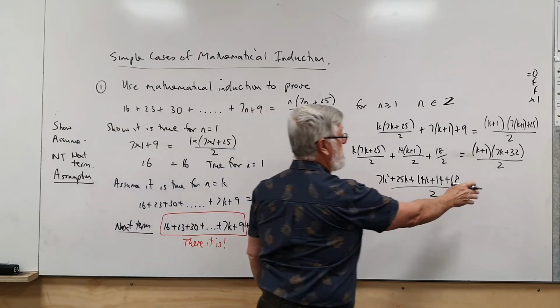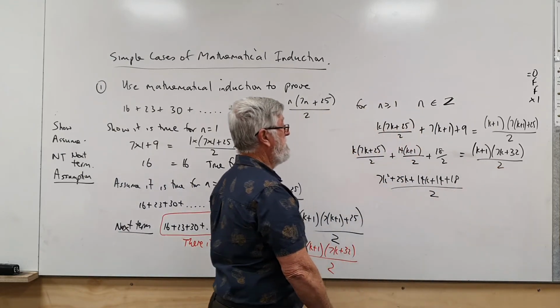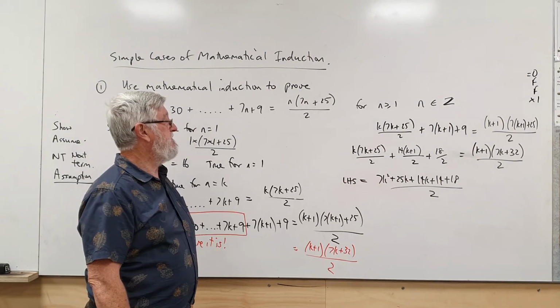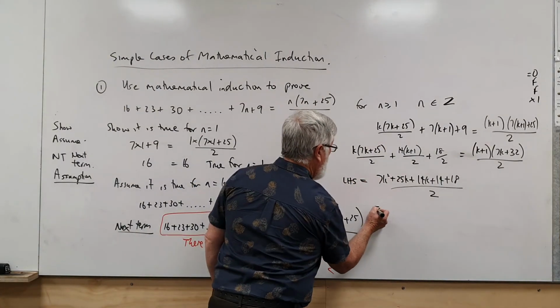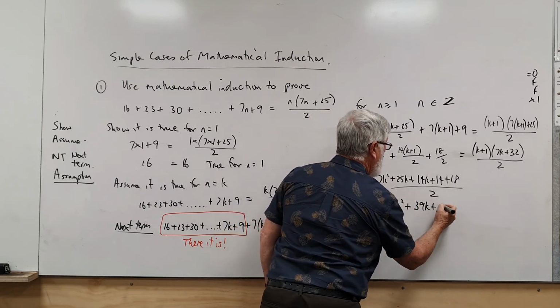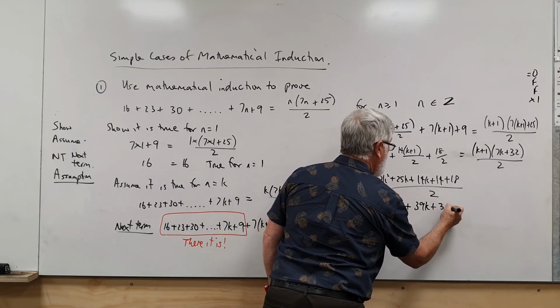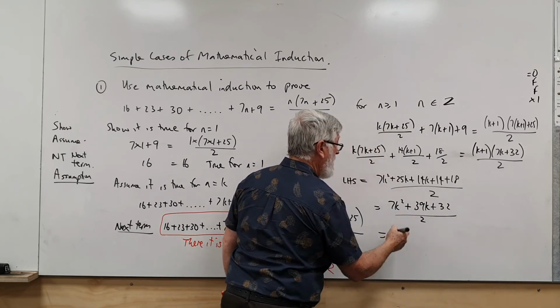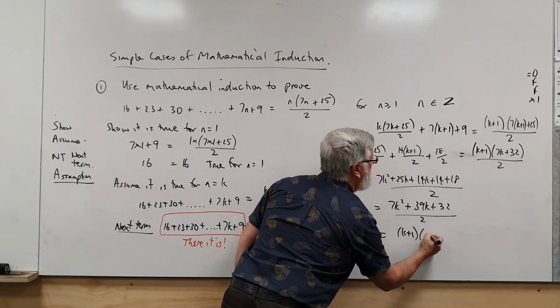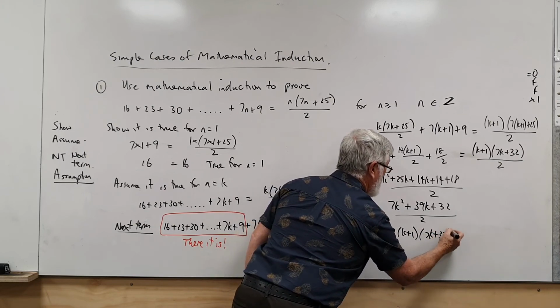Do I need to keep writing this all down? A lot of people don't. I can deal with it. This is just the left-hand side if I wanted to. So what have I got? I'm back to 7k squared plus the 39k plus the 32 on 2. And guess what? I know, because I'm brilliant, that is k plus 1 times 7k plus 32 on 2.